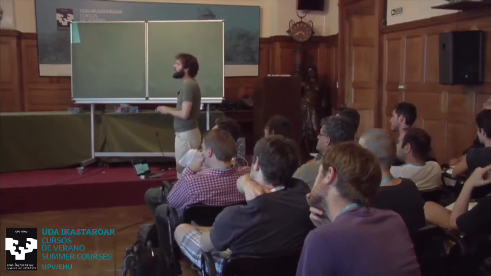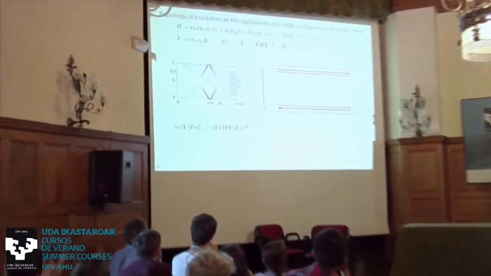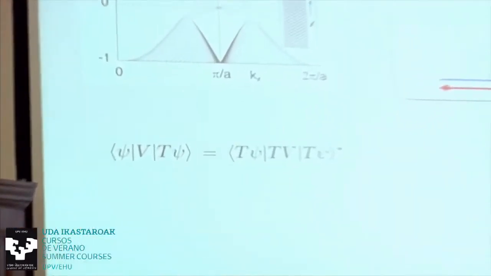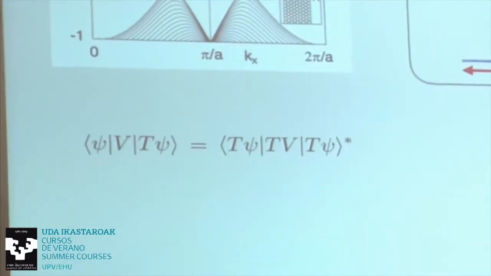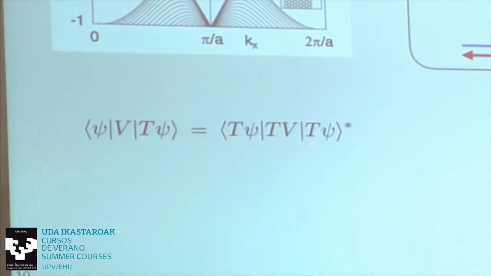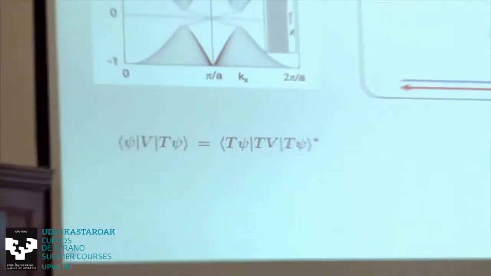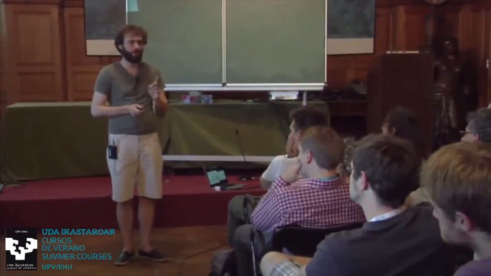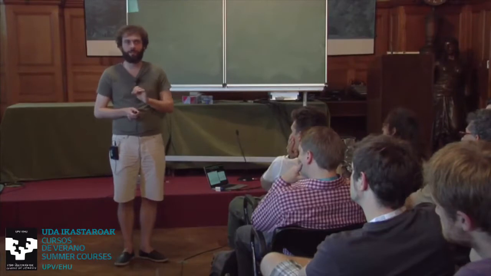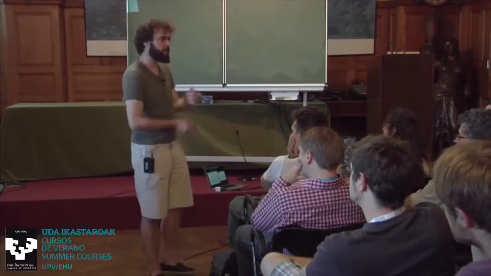So let's calculate this. First, I'm going to use the fact that T is an anti-unitary operator. This is the definition of an anti-unitary operator: if I act with T on both states, then I get a complex conjugation. And there's one warning. When you're using anti-unitary operators, Dirac is not your friend, because the Dirac notation implicitly assumes linearity.